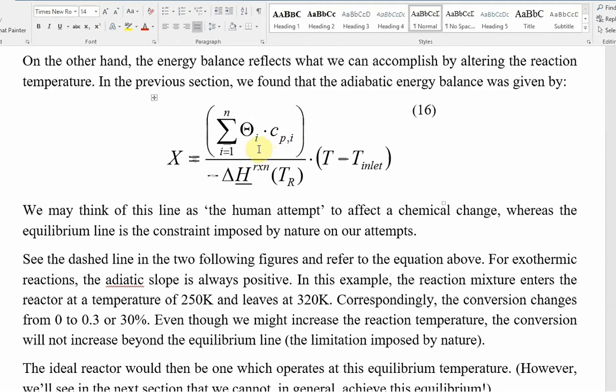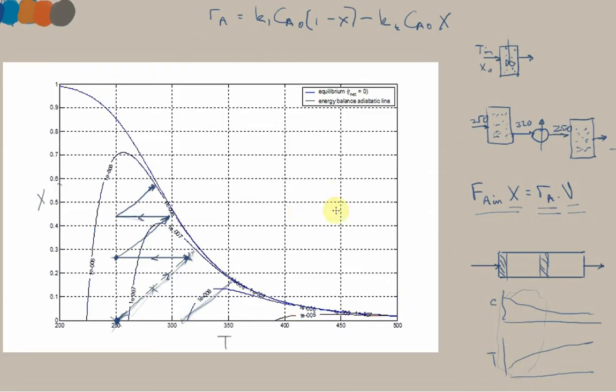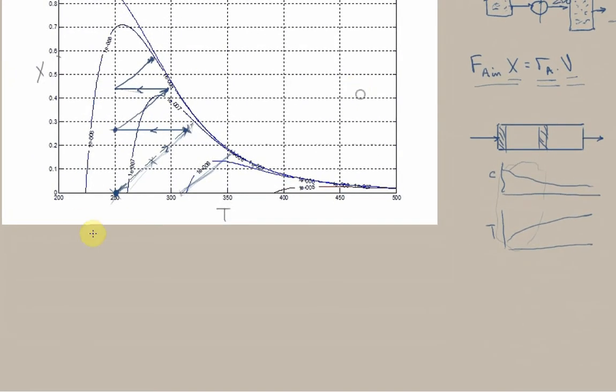We could, however, consider simply introducing another component into the system, something that doesn't react. So if we introduce an inert component with a high heat capacity, then the sum here will be a larger number. So in other words, the equation would look like this, right?